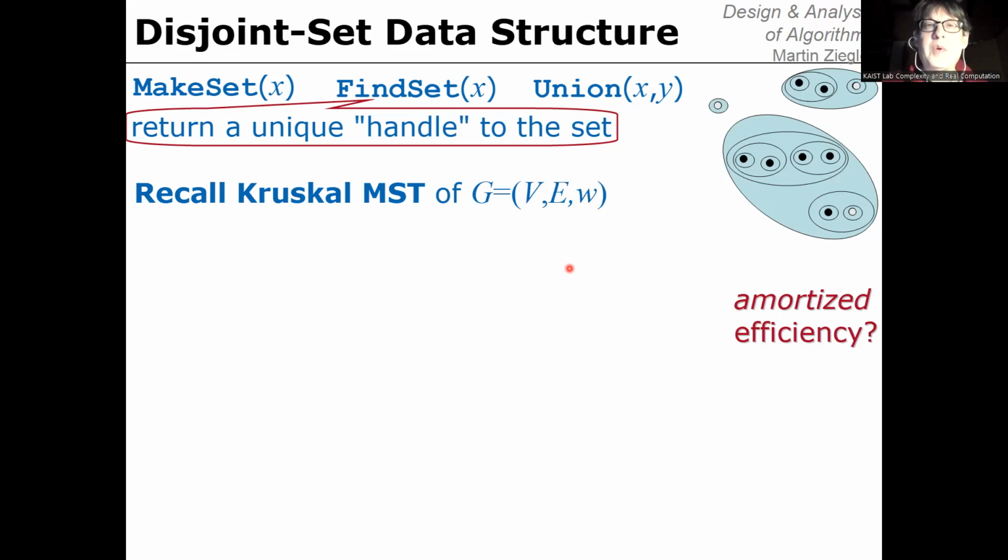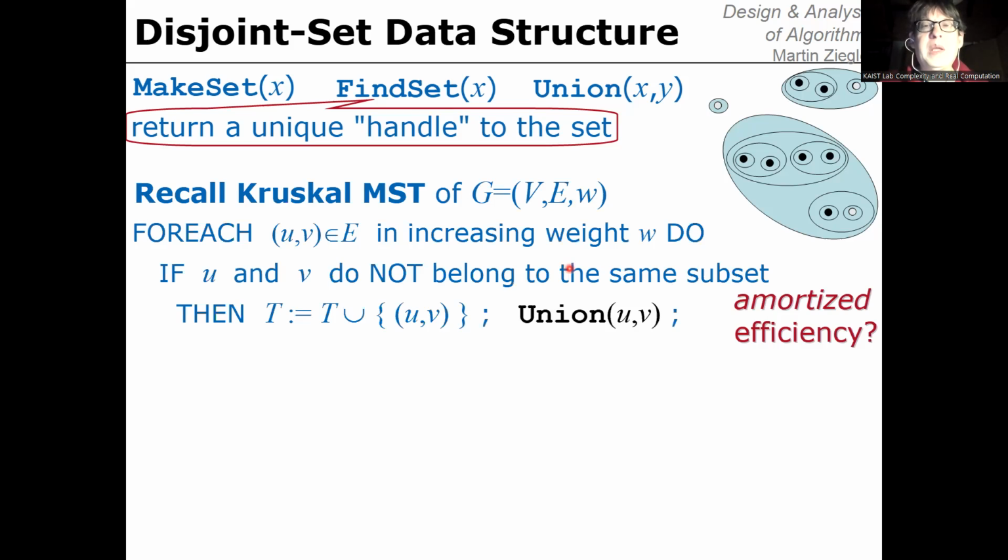And just to give you motivation, recall that this disjoint set data type is exactly what Kruskal builds on, what Kruskal needs. When Kruskal repeatedly calls union, that's exactly this union.